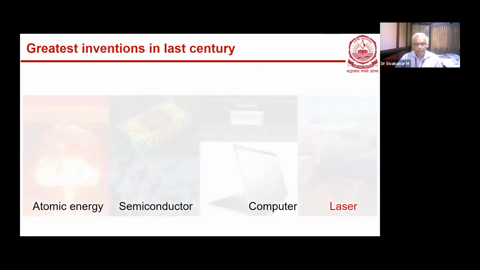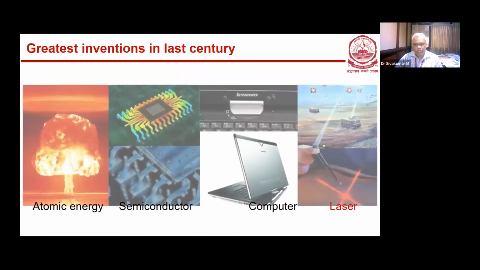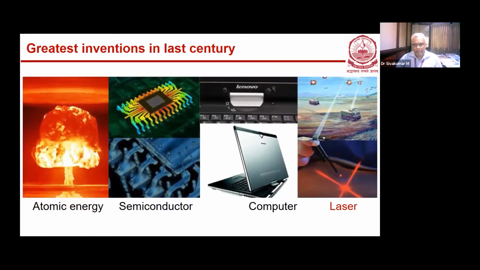Here, in the last century, these are the greatest inventions. First is atomic energy, so there are atom bombs and how this nuclear energy can be useful in a productive way. That also we know. Those things were developed in the last century. In addition, the semiconductor chips, how the semiconductors are very much useful.